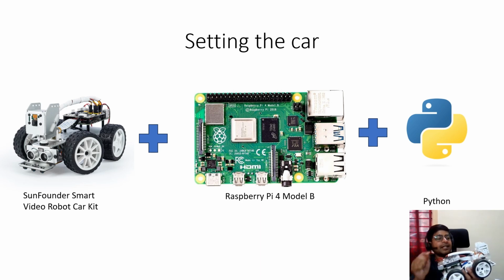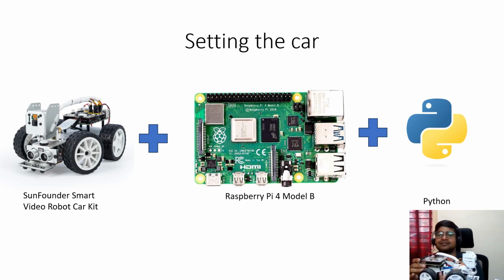It has three servo motors: one for the steering angle and two for the camera. The camera will go like this and then like this. It also has an ultrasonic sensor and a grayscale sensor, which I am not using in this project, but if you are interested in doing more, you can go ahead and use them. And this is the steering angle; it will steer here, as you can see.